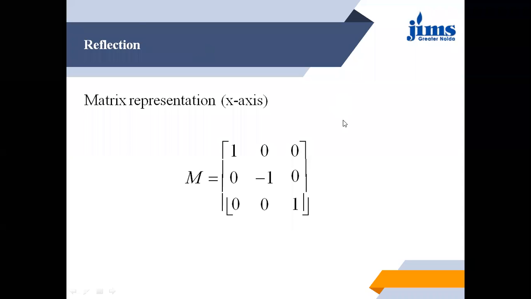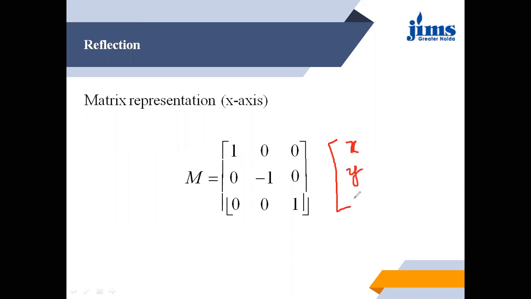Suppose I have the original coordinates of the image as x, y, and 0. Why do I not write z over here? Because we are studying 2D only. Then why am I writing this?